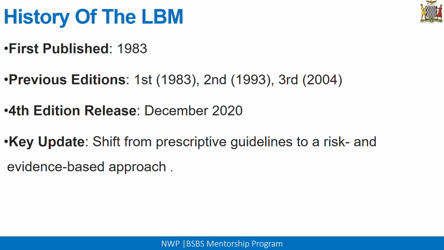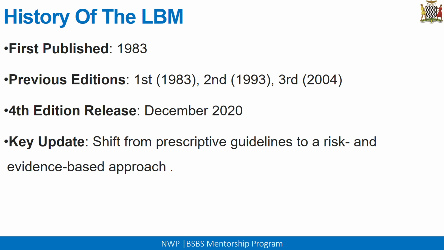Then the third edition came out in 2004, so it took almost 11 years for that edition to be released. After the third edition, we now have the 4th edition, which was released in 2020, specifically in December 2020.